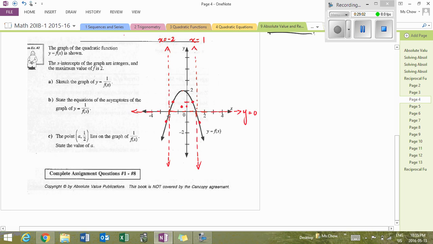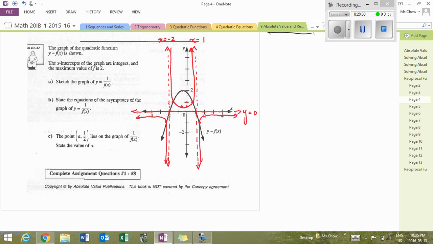I'm not allowed to cross my vertical asymptote. So here we go, going through there. So there's part of it, and again, showing these aspects, and there is our reciprocal function then. So let's answer the question.